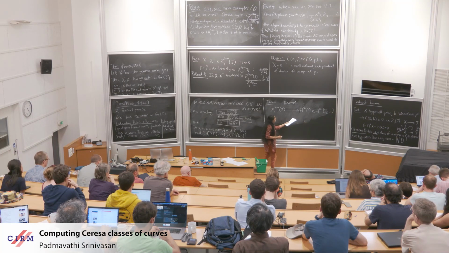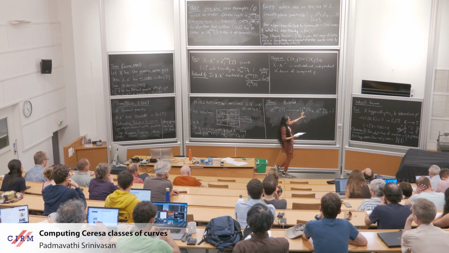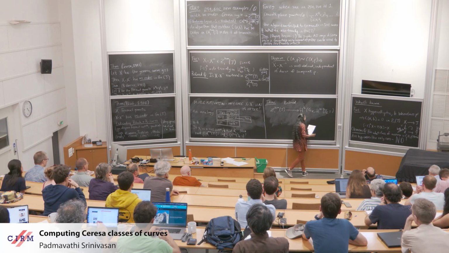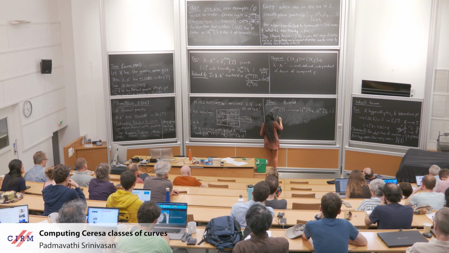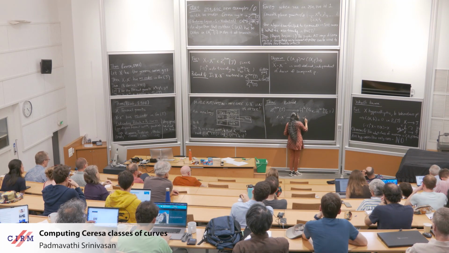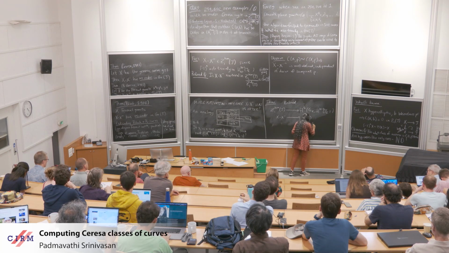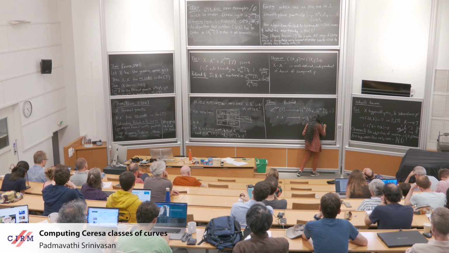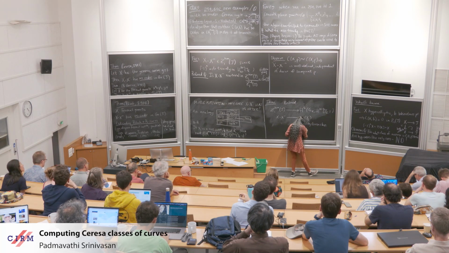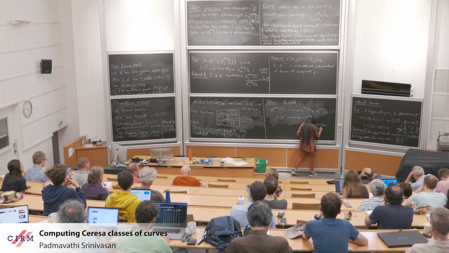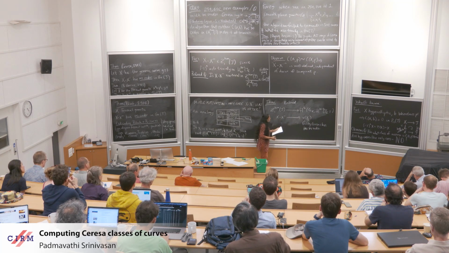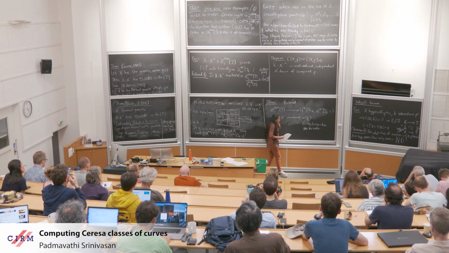And what you can do is show that the cycle class, the l-adic cycle class, is non-trivial. And for this, certify the Ceresa class has infinite order. And for this, you can produce both lower bounds and upper bounds on the order of this Ceresa class.